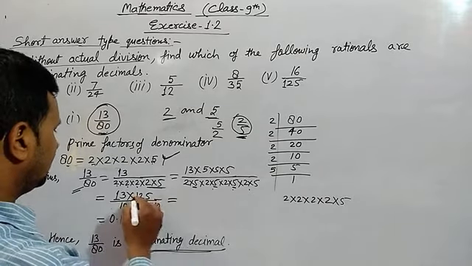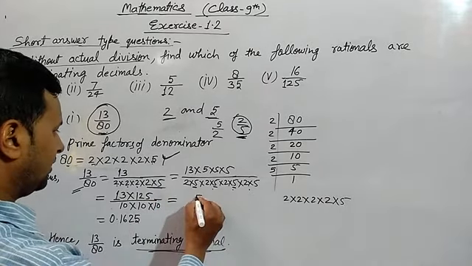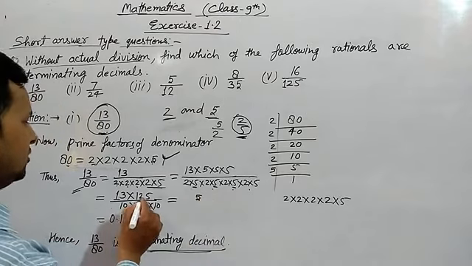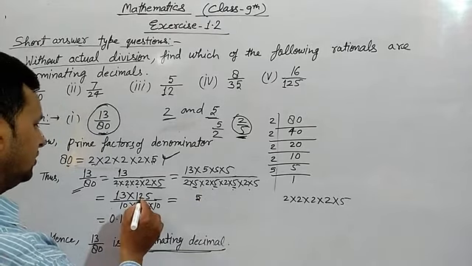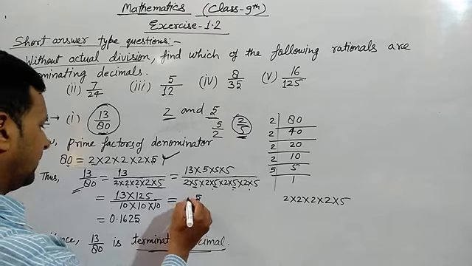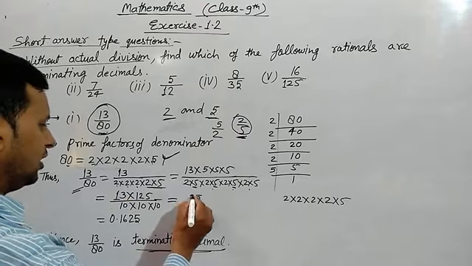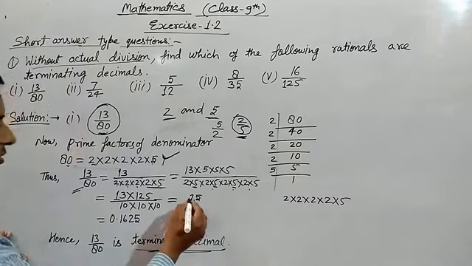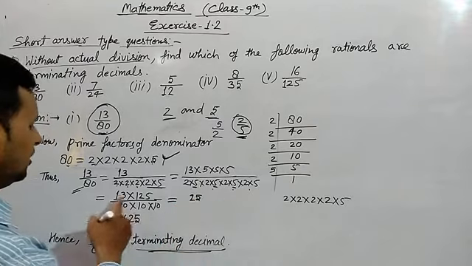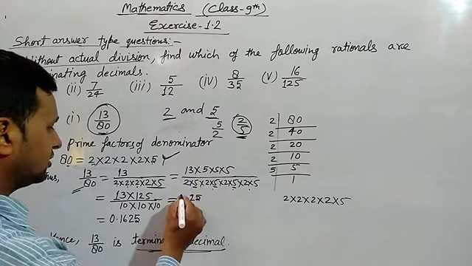Now we solve: 13 times 5 is 65, carry 6; 13 times 2 is 26, 26 and 6, 32, carry 2; 32, 2, carry 3; 13 times 2 is 26 and 3 is 16.